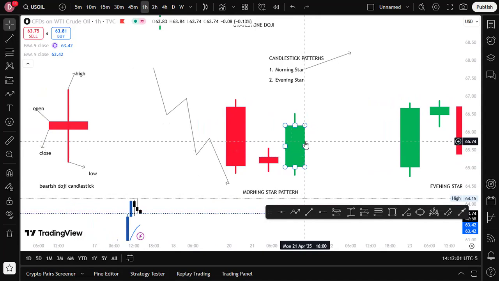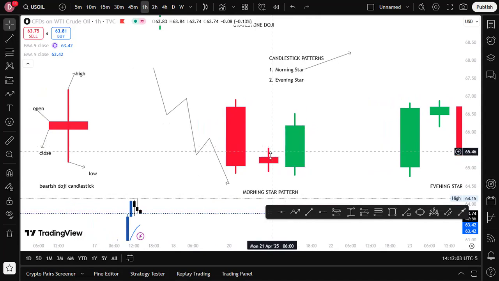Because when you see a small candle, it's more like a doji candle. And I told you yesterday that when you see a doji candlestick pattern, it means there is a possible reversal, especially when it occurs at the bottom of a downtrend. It means that the market is in a state of indecision.